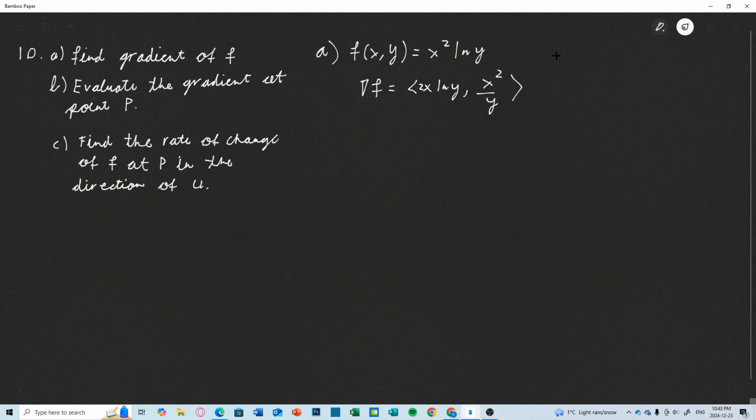Since the derivative of ln of y goes to 1 over y. So that is part A done.